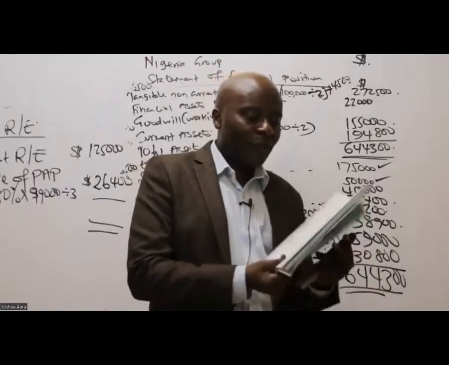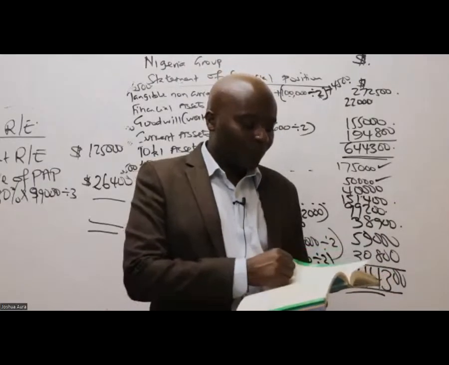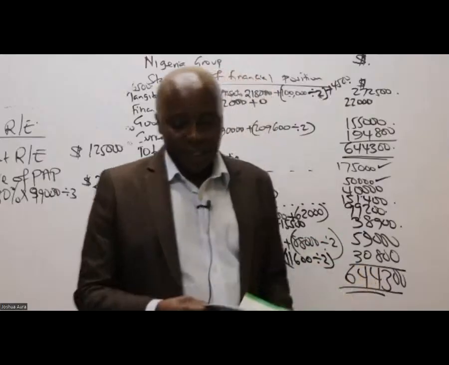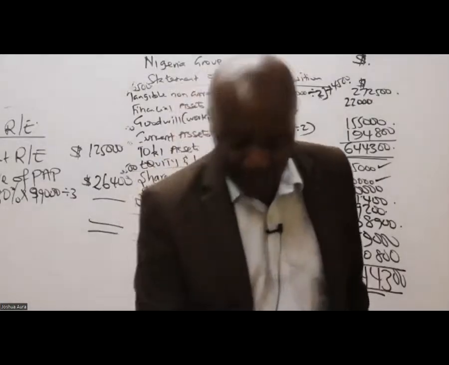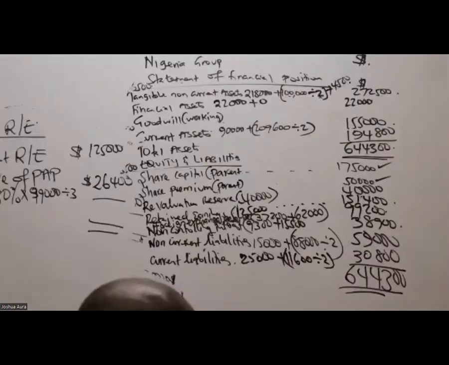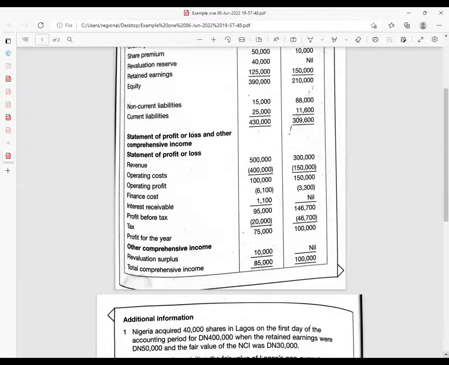Now, ladies and gentlemen, given this little time left, we need to go ahead and capture the income statement. The income statement, very easy. This is the easiest, consolidated income statement. So we are told here they have given us a statement of profit and other comprehensive income.